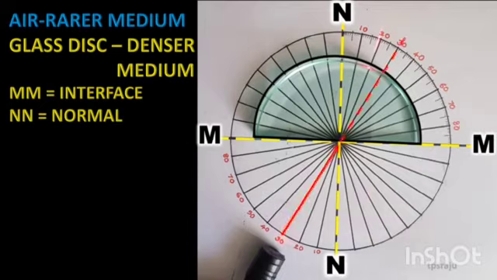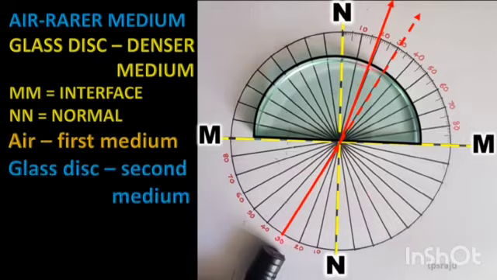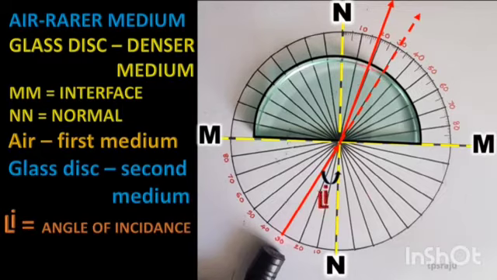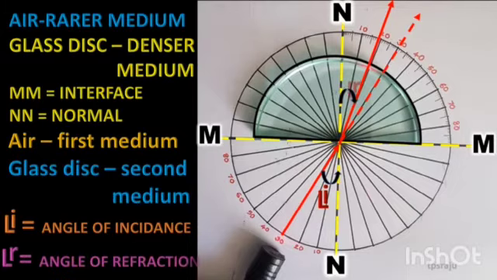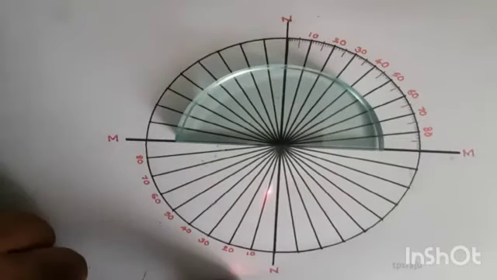The horizontal line MM is the interface of the two media, and the vertical line NN is the normal. Light enters into glass. Hence, air is medium 1 and glass is medium 2. Angle i equal to angle of incidence and angle r equal to angle of refraction.